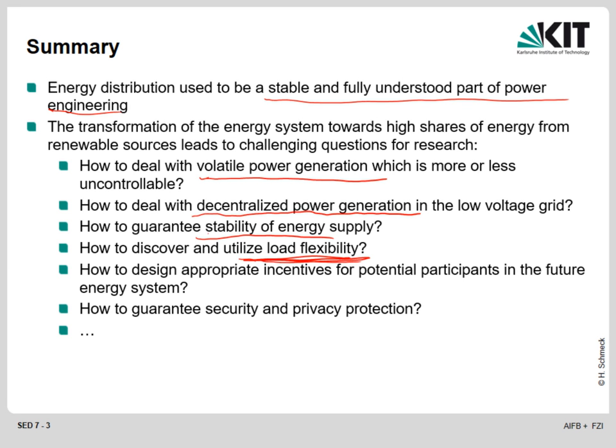We can transfer that to other scenarios in factories where engineers have to specify the flexibility that they can offer, and then they should be able to utilize that load flexibility. This is one of the most essential challenges that we have, to discover and utilize load flexibility in all kinds of scenarios, not just in a house, in a building, but in factories, in production processes, in industrial processes.